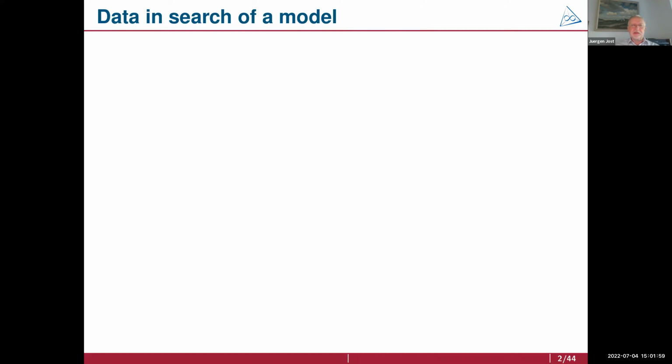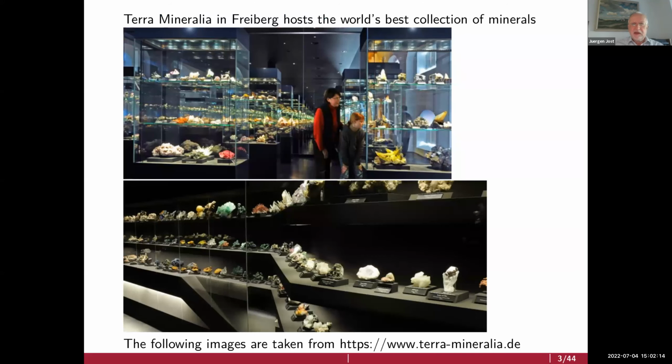And for that purpose, let me first take you to a small city in the countryside in Saxony in Germany, not far from Leipzig. That small town is called Freiberg. And in Freiberg, you have something very surprising and amazing, namely, the world's best collection of minerals.